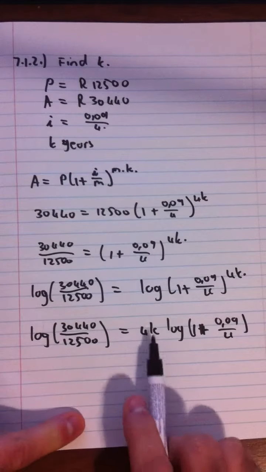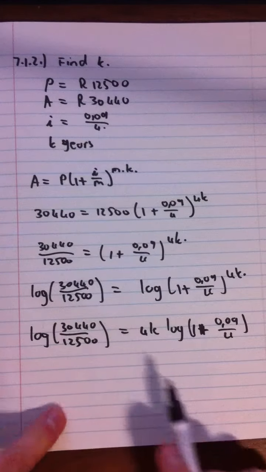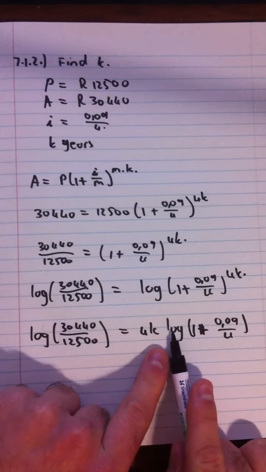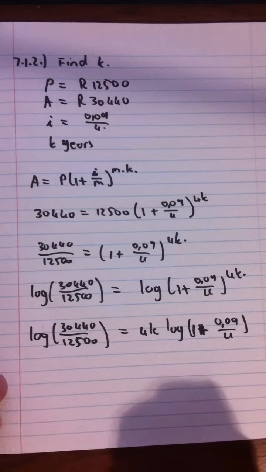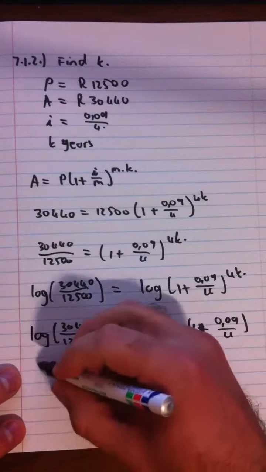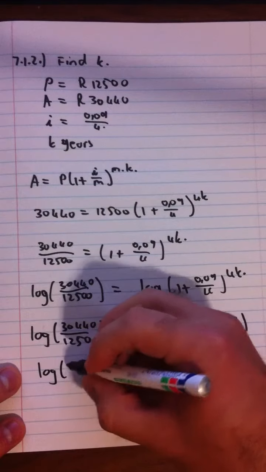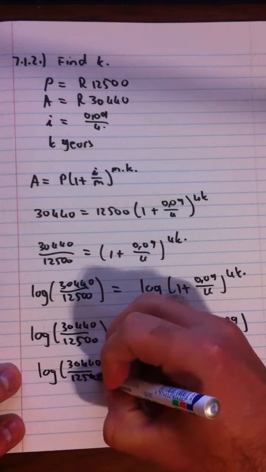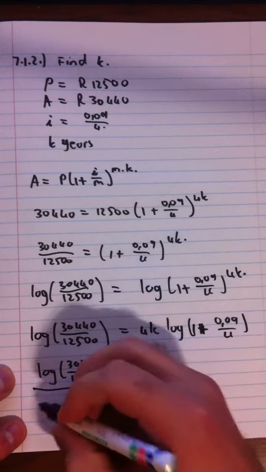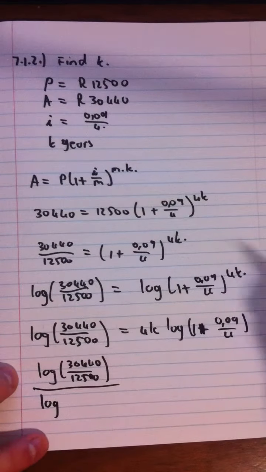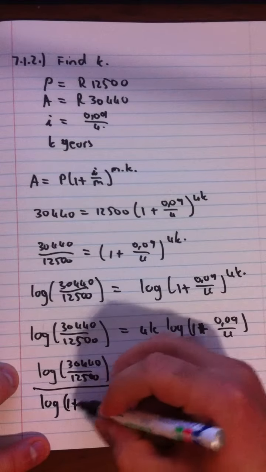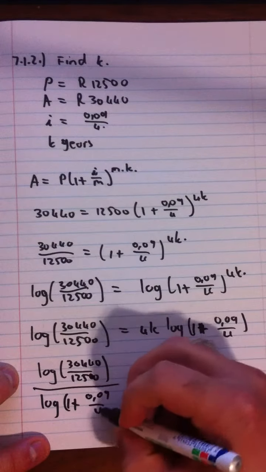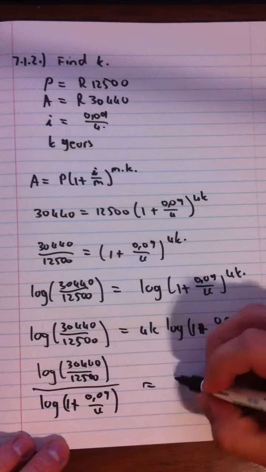Now we want to solve for k, so to get k by itself, we'll divide both sides by this log, that part. So now we have log 30,440 over 12,500 divided by log of 1 plus 0.09 over 4 is equal to 4k.